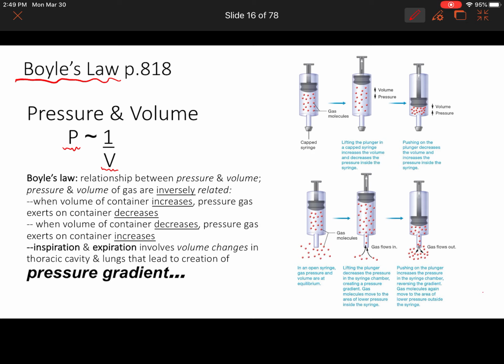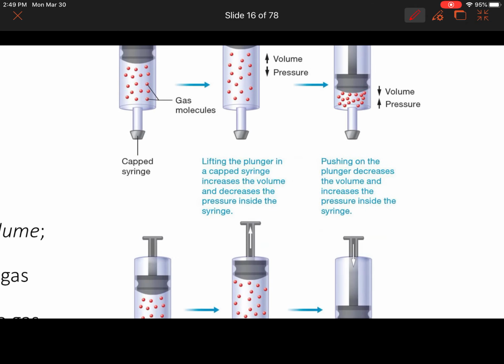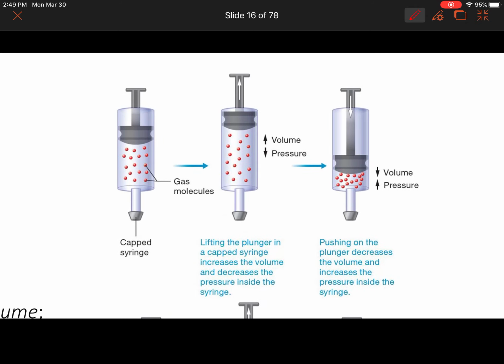But regardless of that relationship, the movement of air is related to a pressure gradient. So we're going to understand that relationship between pressure and volume in order to understand how air moves into and out of the lungs. So let's consider this upper diagram here for just a moment.